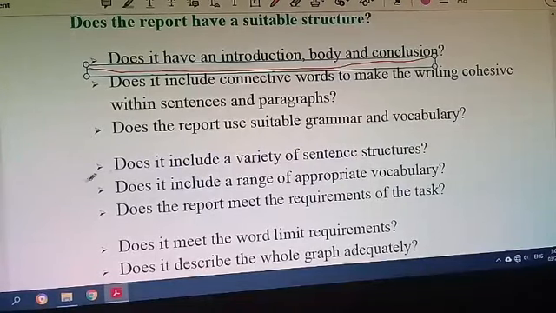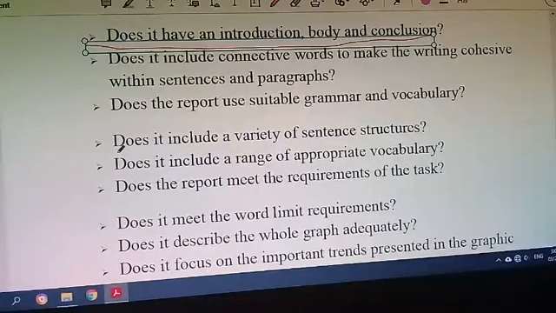And next one, does it include a variety of sentence structure? That is, not using the same types of sentence once again, used to follow cohesion or cohesiveness, and as well as use correct sentences. Does the report meet the requirement of the task?